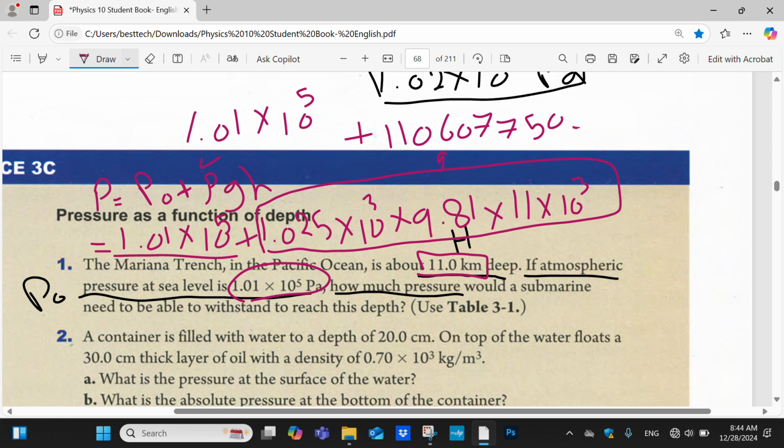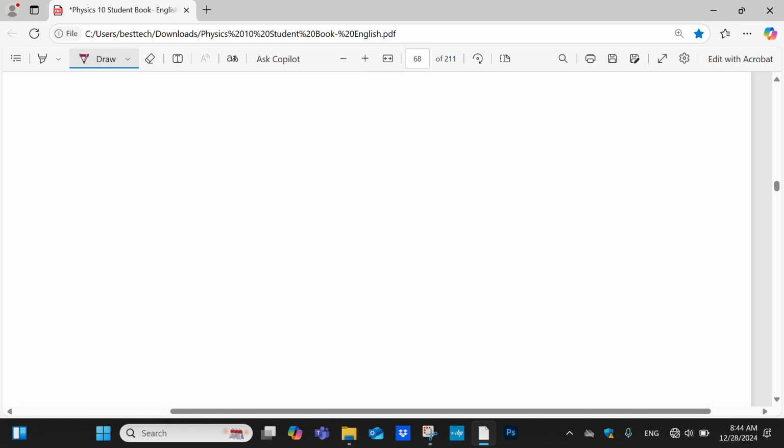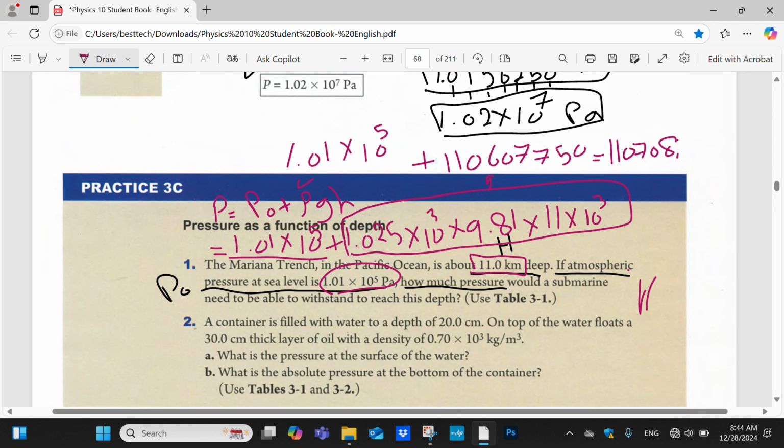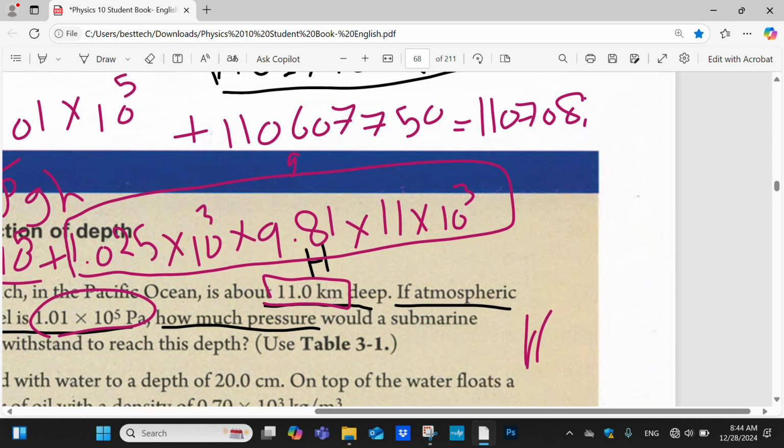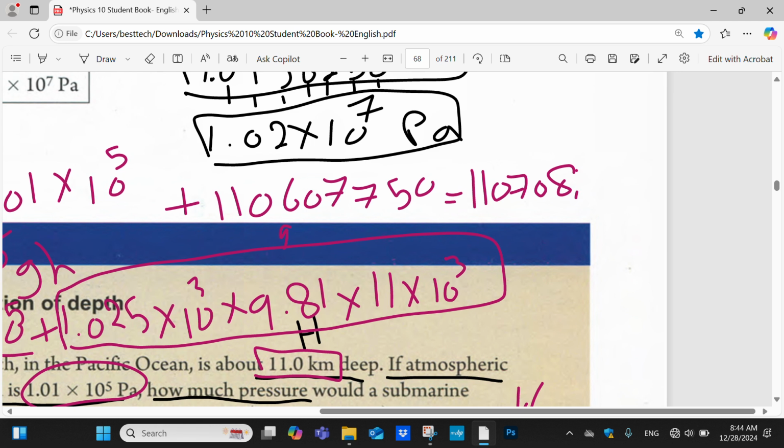So the last answer has become 1107 Pascal.